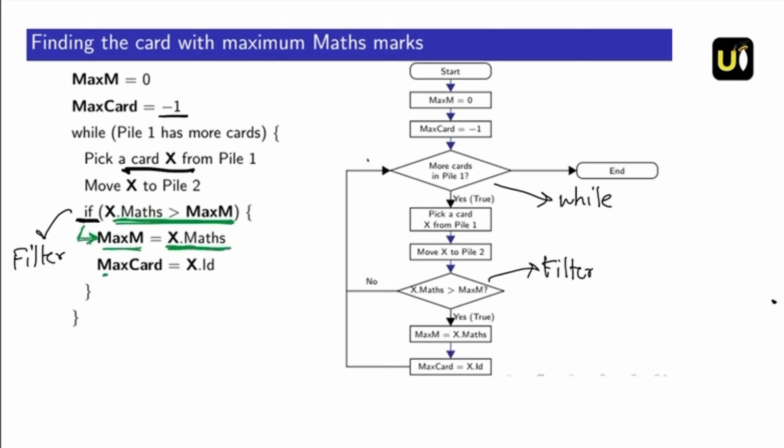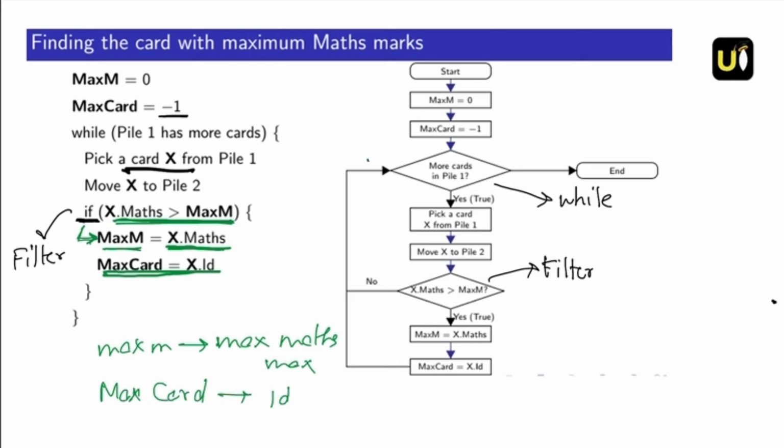And then the ID will also be updated here. So at the end, max m will store the maximum maths marks, and max card will store the ID for this card. So this is the case of the pseudocode.